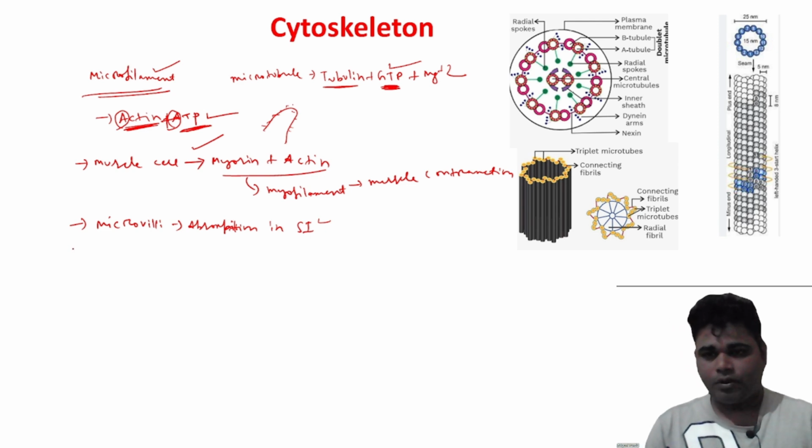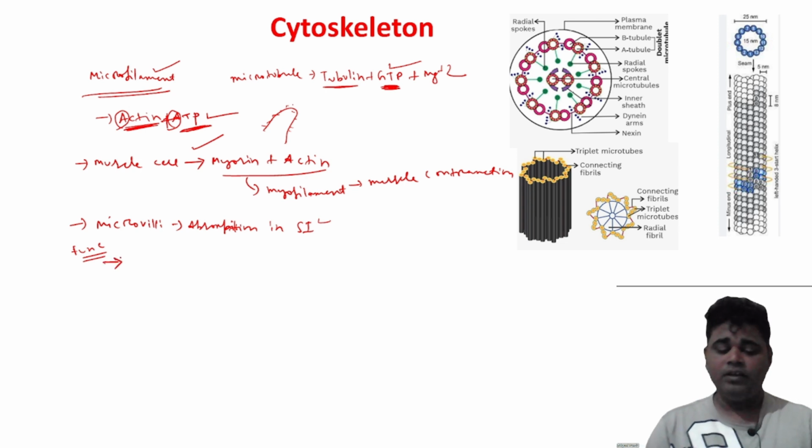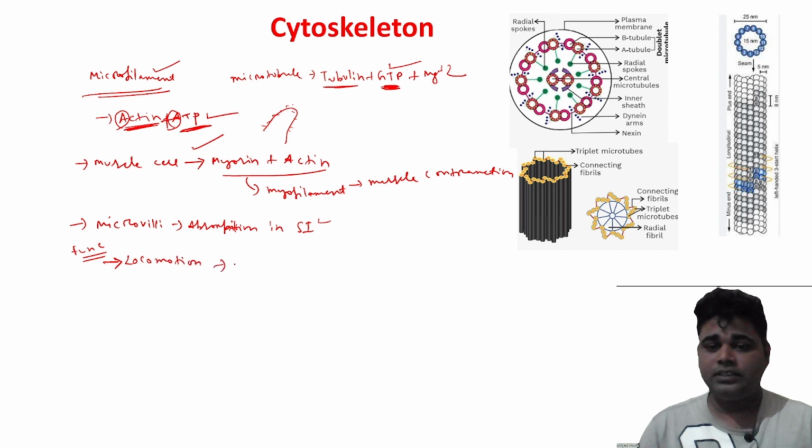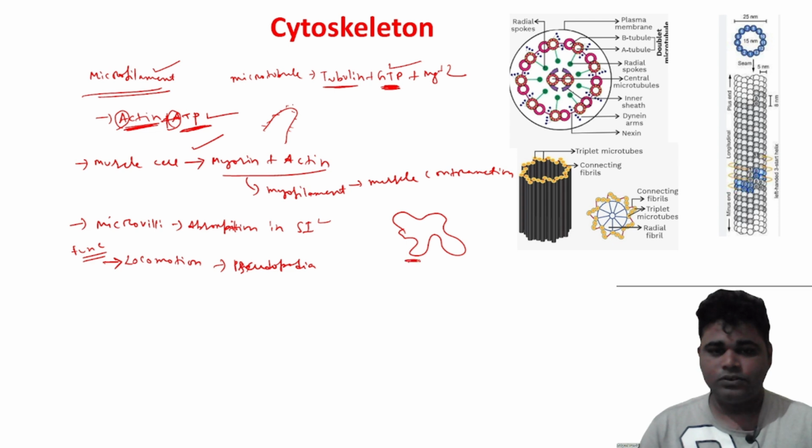So now the main functions of the microfilament are: one, it helps in the locomotion. Locomotion means it is present in the pseudopodia, that means in the amoeba case. So here one pseudopodium.